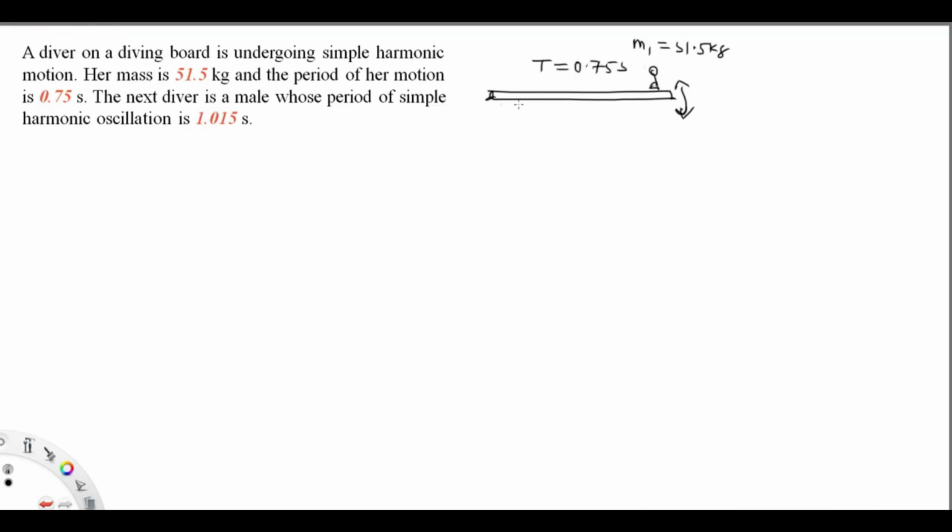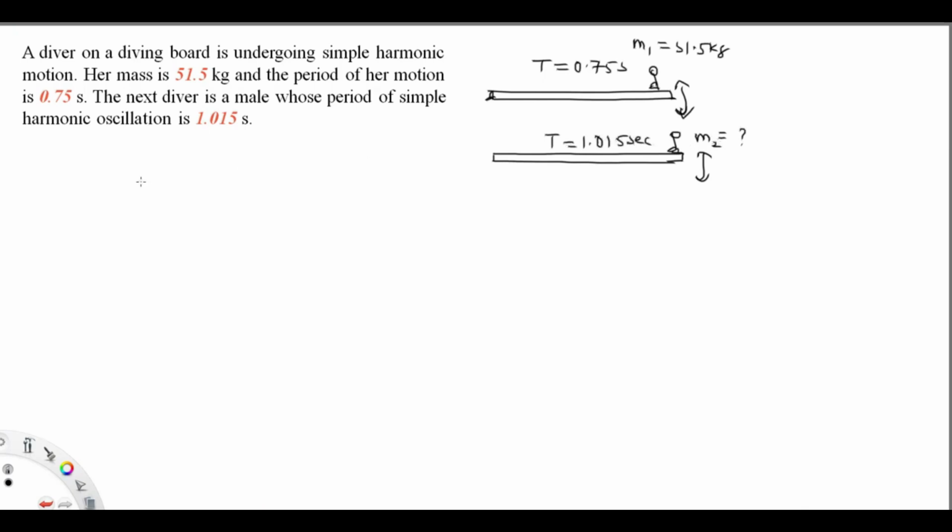And on the same board, another diver undergoes simple harmonic motion, but for this person, let's say his mass is m2, which is unknown. The time period is 1.015 second. Okay, so what is the mass of this person?